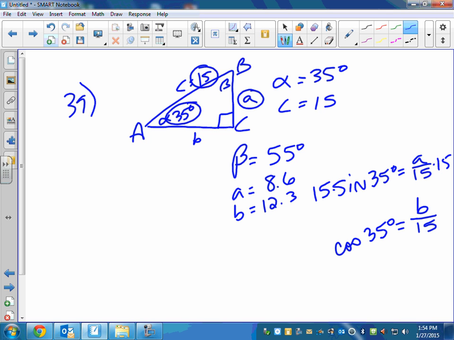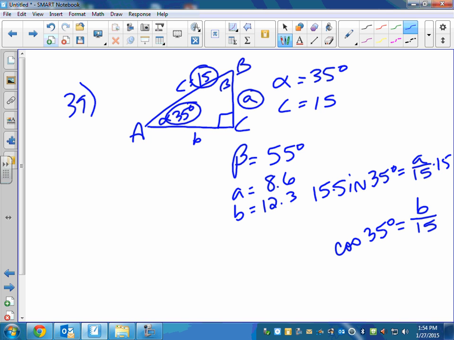You have the answers to 43 somewhere. I have to go back to it. We'll do one. Hold on. You just have to do inverse trig to find your angles. That's what we haven't done yet. On 43, sorry, we haven't talked about that button on our calculator yet, so that's why you can't do it yet.